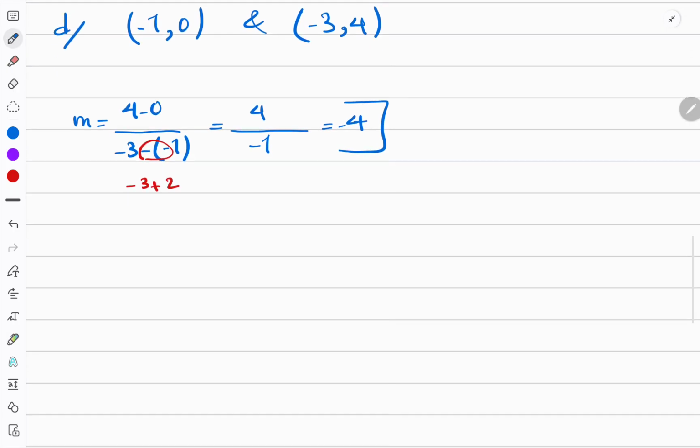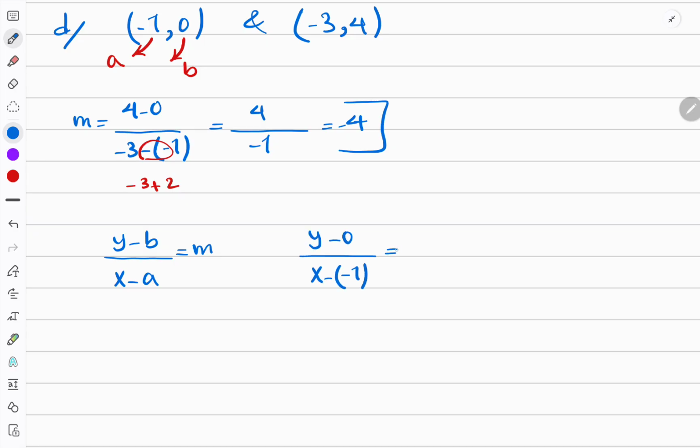Okay, so I'm going to use the formula y minus b over x minus a is m. So you have two options for a and b. I'm going to grab this one. This is a and this is b. And substitute in the equation. Y minus 0 over x minus negative 1 is gradient negative 4.